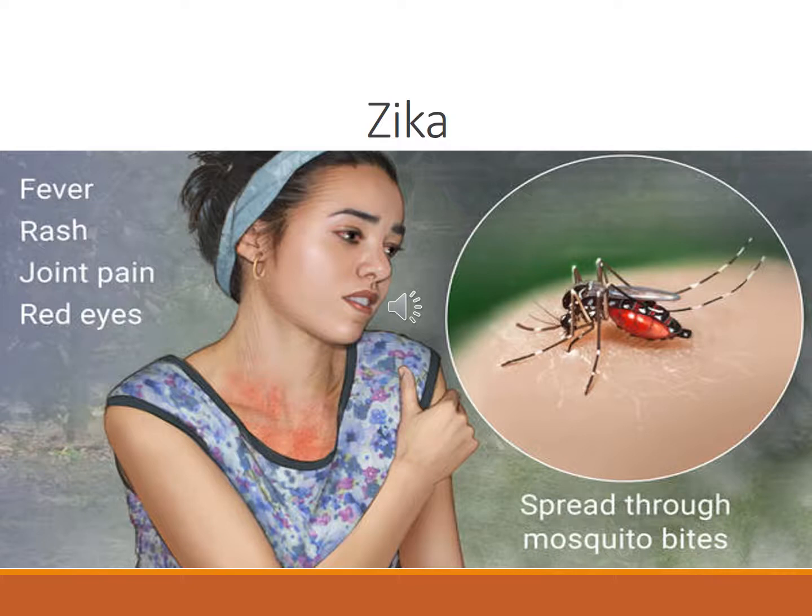Again, fairly large mosquitoes that are native to South America carry this particular virus, and when bit, adults don't necessarily die, but it has shown to be quite lethal to children and to the fetuses of mothers who are pregnant. Symptoms include a fever, rash, joint pain, and red eyes. So if these are symptoms you're experiencing, especially after a trip to Brazil, see your doctor.